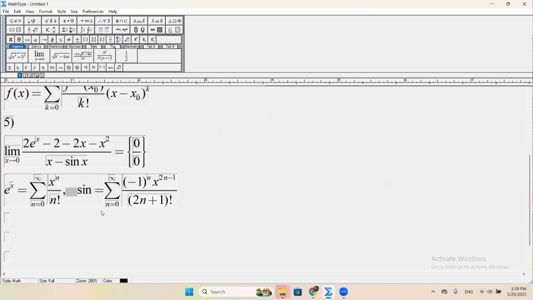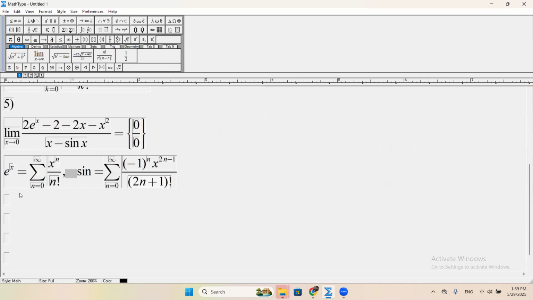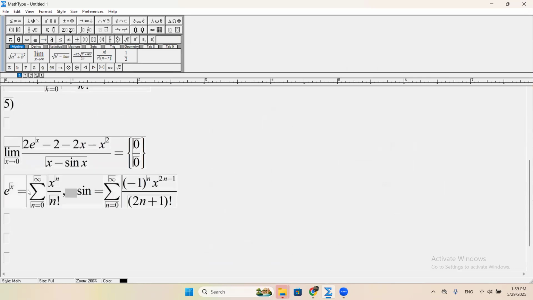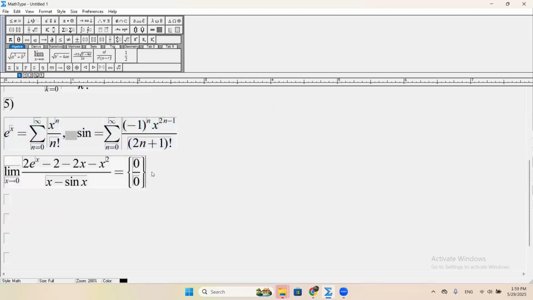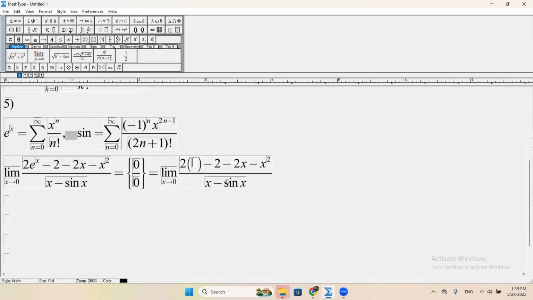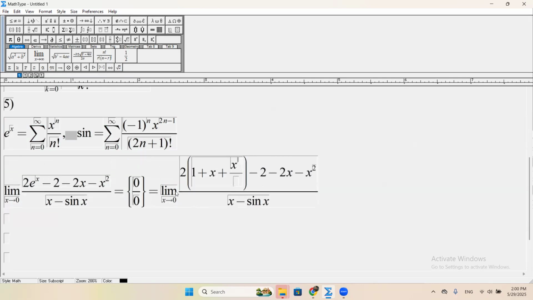So we will substitute these expansions. Okay, let me move these formulas up. So we will have the following limit. For the exponent of x, substituting 0, we get 1 plus x plus x square over 2 plus x cube.